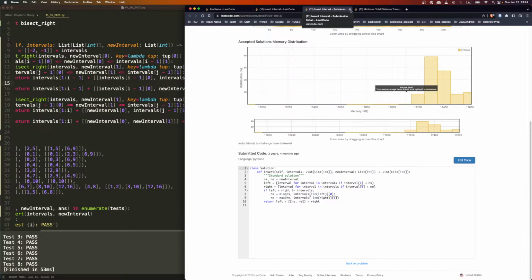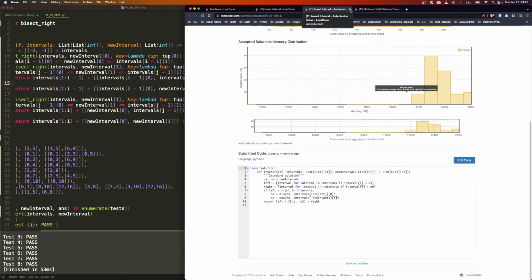If interval 1 is smaller than... left and right. So I find all the intervals on the left, the ones whose end is smaller than me.